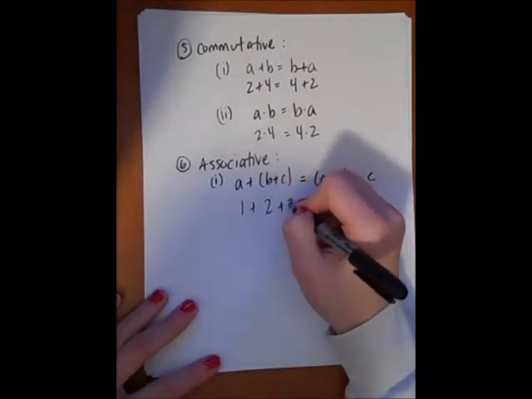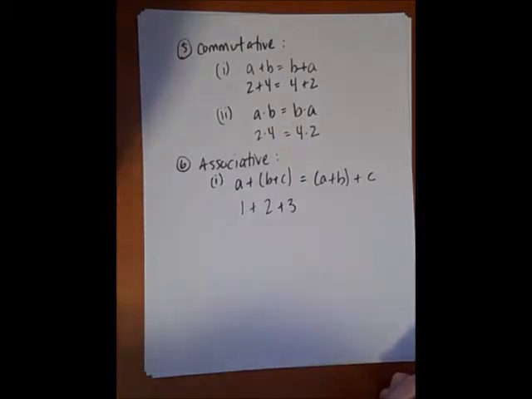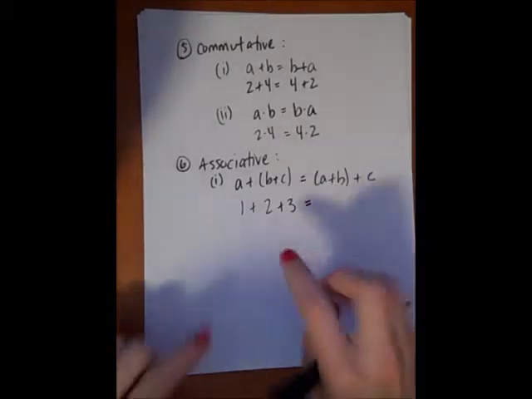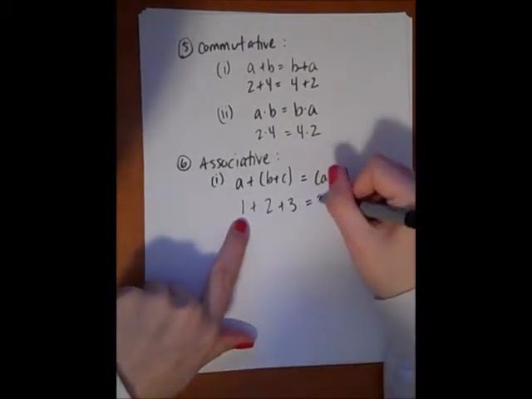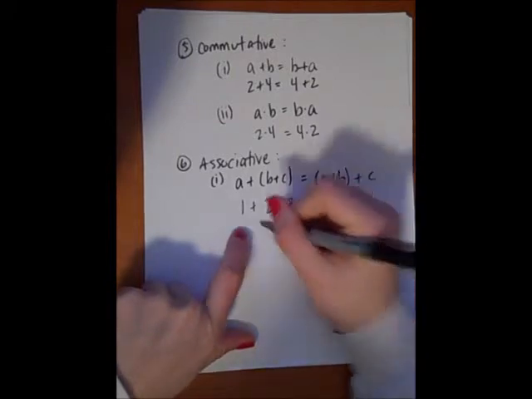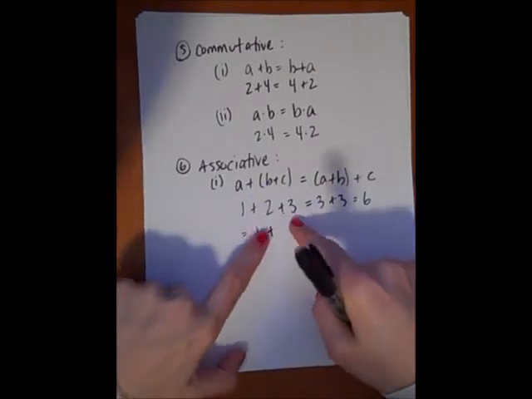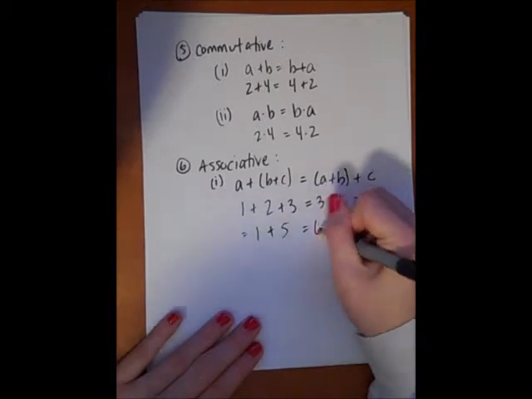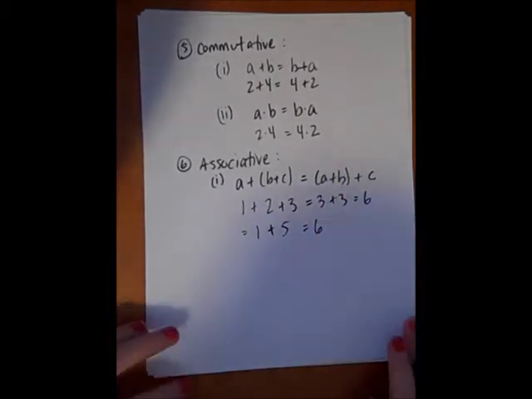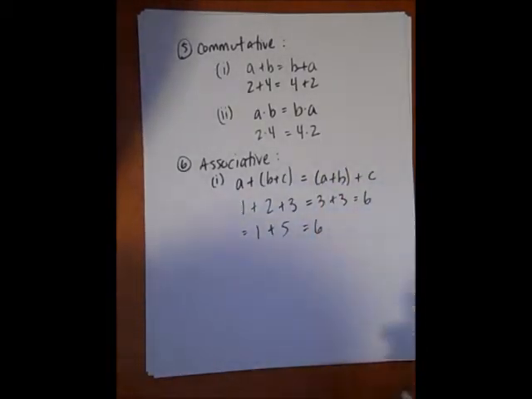If I'm trying to add 1 plus 2 plus 3, I can either add the 1 and the 2 first and get 3 plus 3, which is 6, or I can add the 2 and the 3 first and get 5 plus 1. Doesn't matter which way you do it because of associativity.